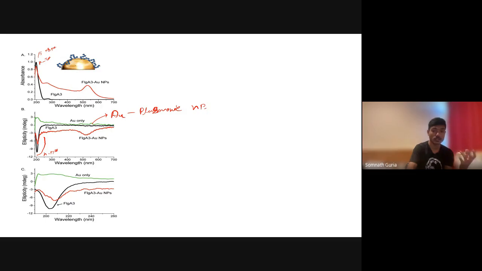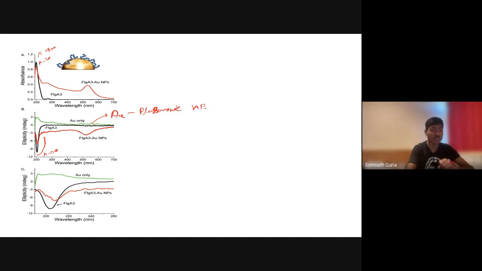They may be in a zwitterionic form, forming an electronic interaction with the gold nanoparticle, a partially ionic peptide chain.